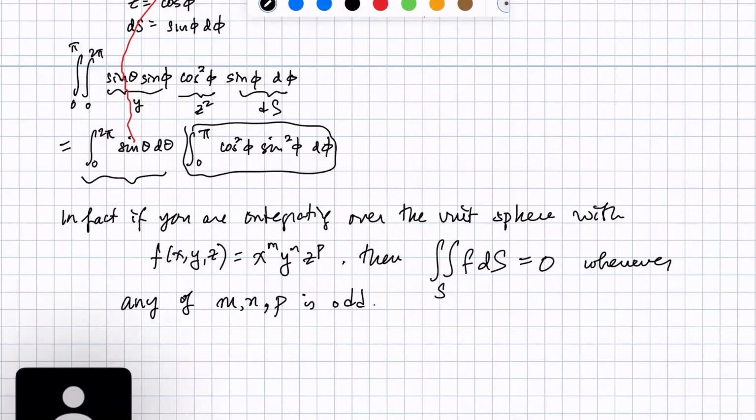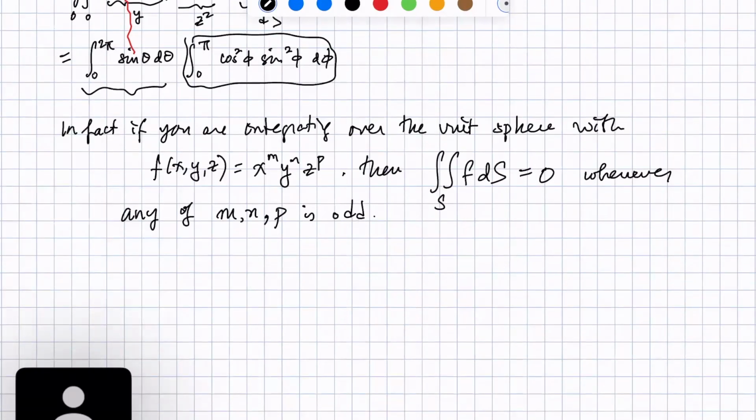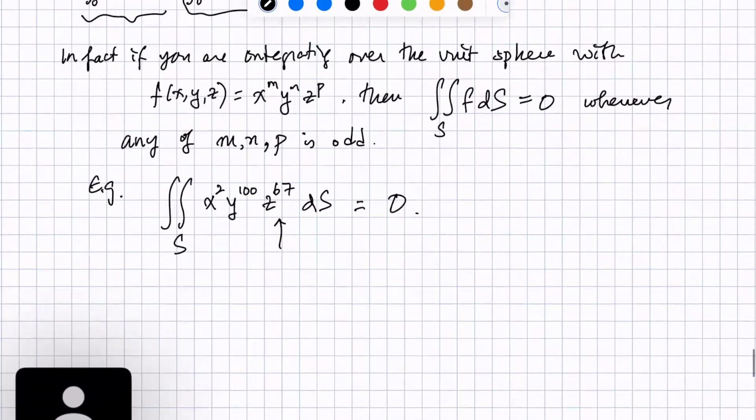If I have a single odd value in any of the exponents, integrating over the unit sphere, I will get 0. So for example, if I'm integrating x squared y to the 100 z to the 67, the fact that this exponent is odd immediately tells me that this is 0.